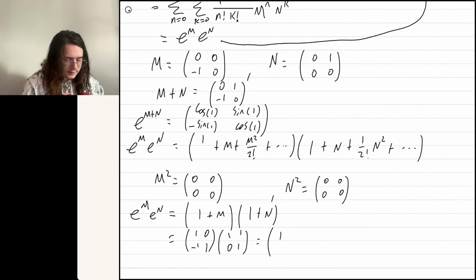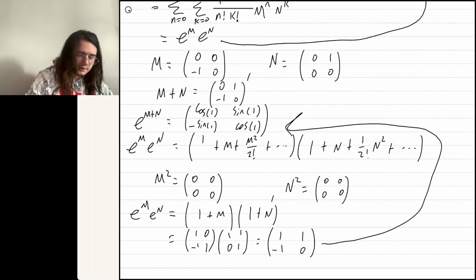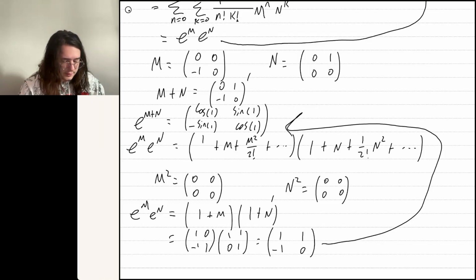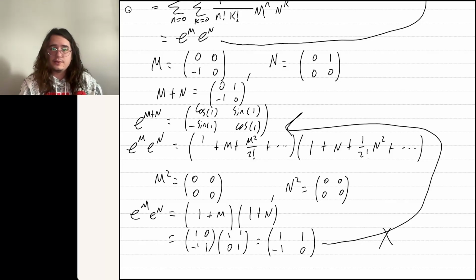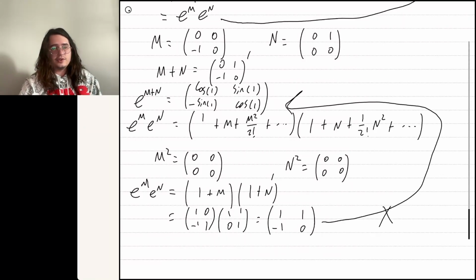You get a 1 here, bam, bam, you get a -1 here, and then it's just a -1 there, pretty sure. And this is a -1 plus a 1, so 0 here. Well, I can tell you it's definitely not equal to sines of 1s and cosines of 1s. I can be sure about that, which means this is not true for matrices that don't commute in general.